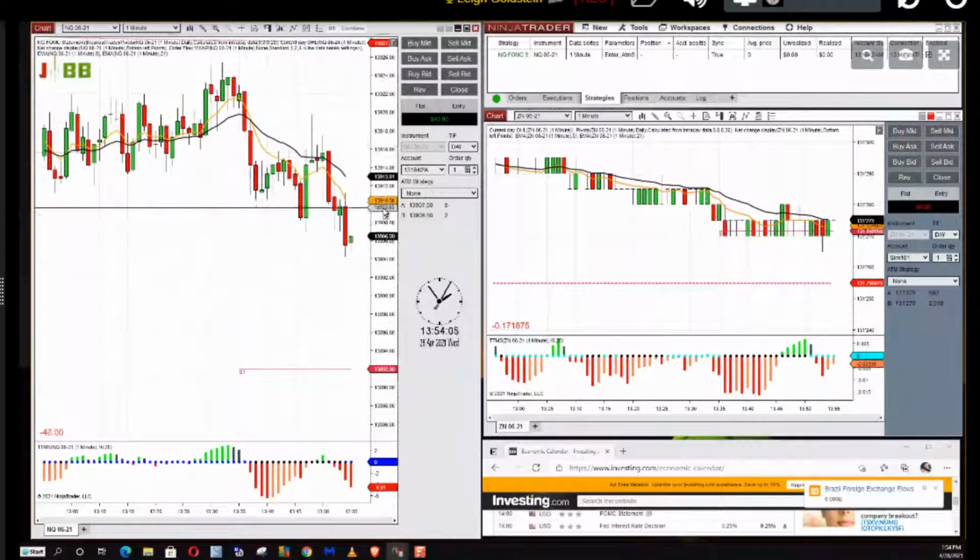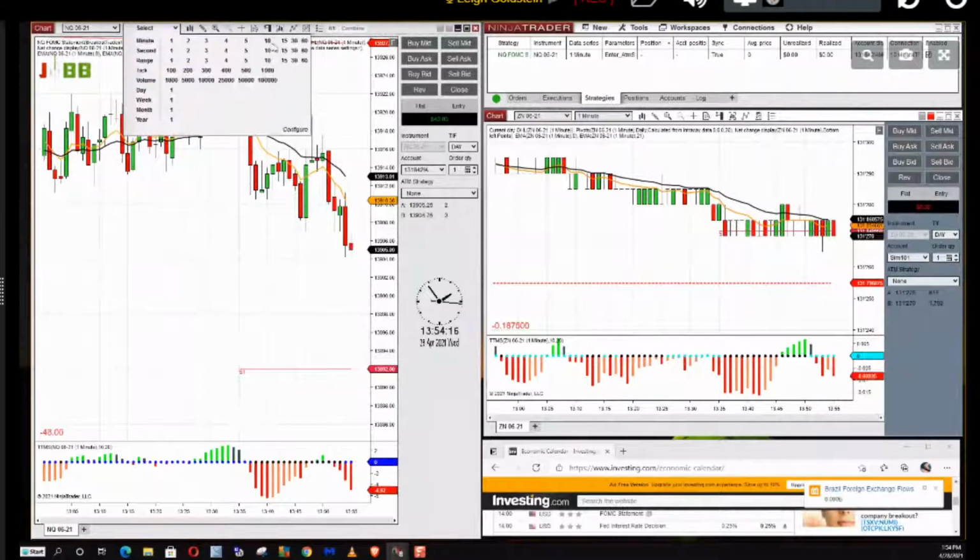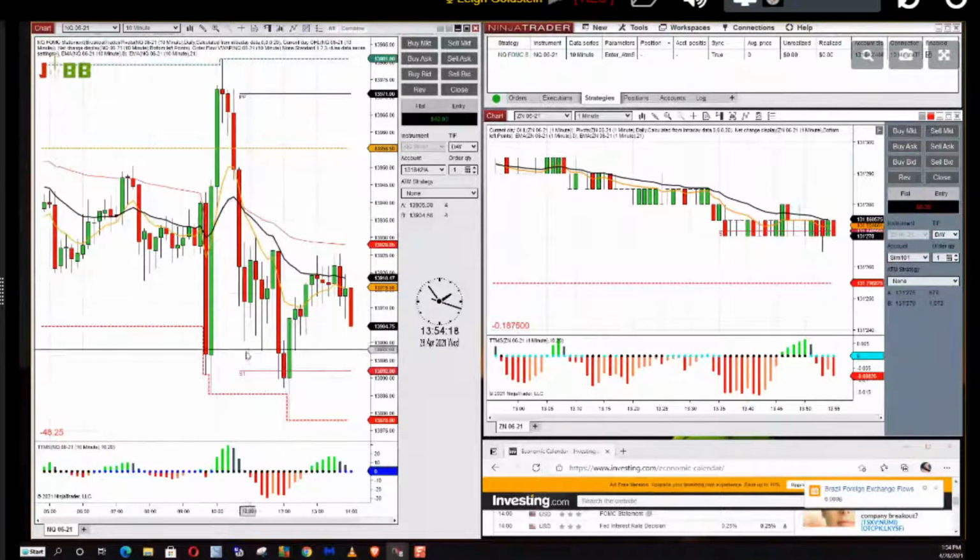So the trend is down, certainly. If you look at a 10-minute chart on the NQ, the first half hour was quite bullish, made a new high, and then at 10 o'clock, it started selling off.